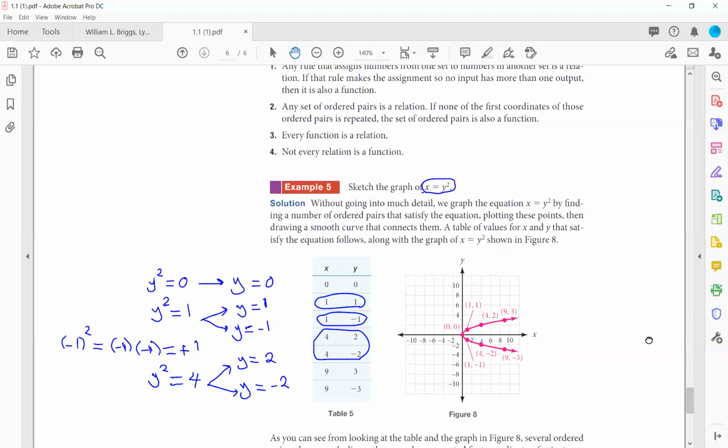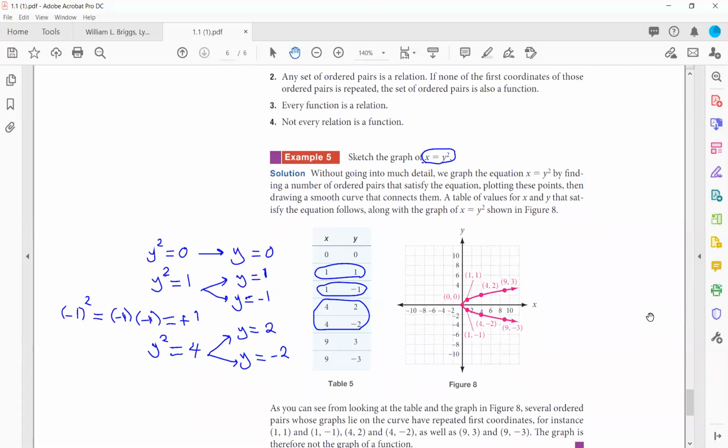We can continue this. You can plug in 9 for your x. Y squared is equal to 9. So y can be positive 3, y can be negative 3. If x is 9, you have two options for your y value.